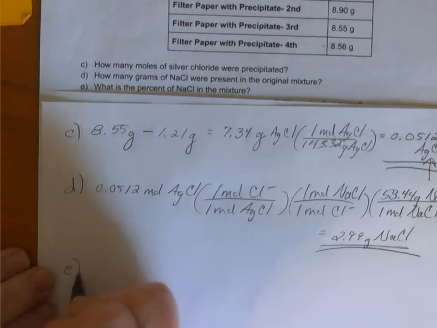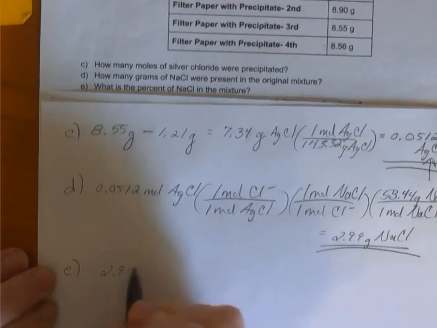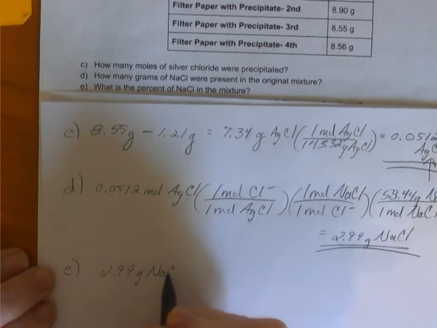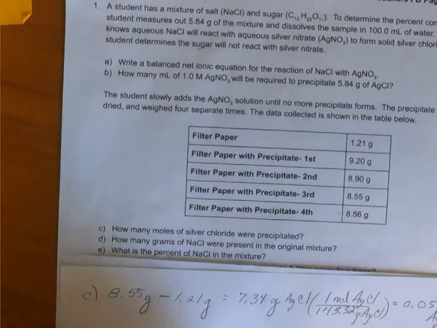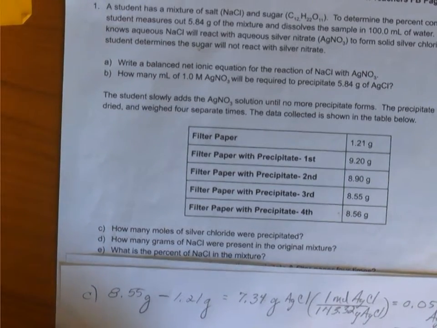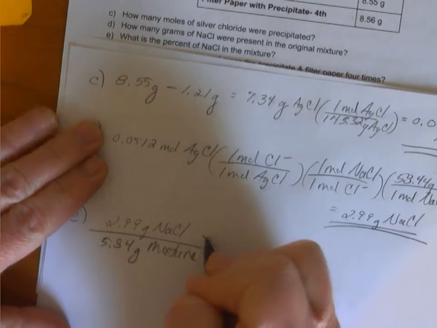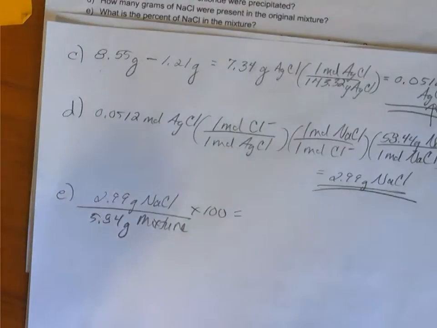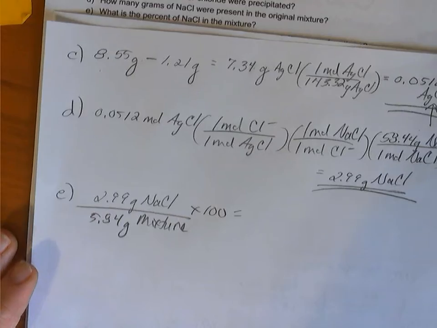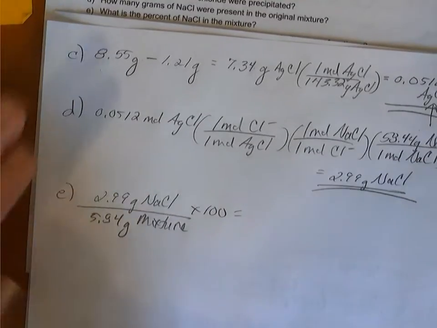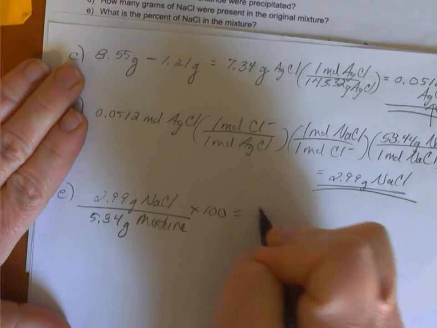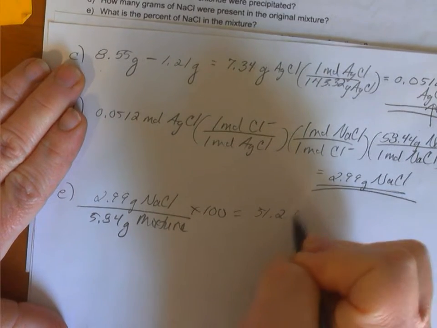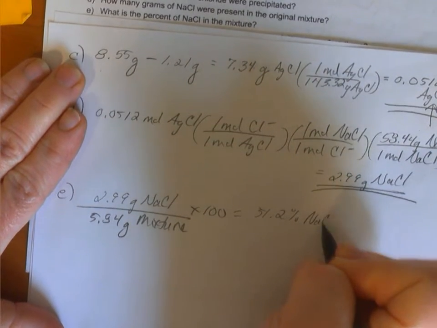Well, a mass percent will be the mass ratio of the part compared to the whole. So we were told that the original was 5.84 grams. Part compared to the whole times 100. And with my correction, 51.2% sodium chloride in the mixture.